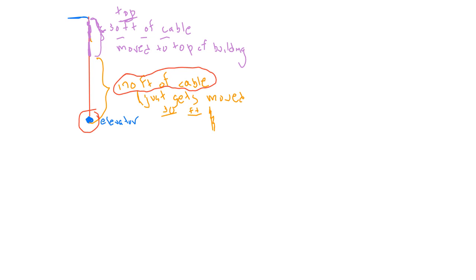Okay, so the work to move the elevator 30 feet would just be what? I'll call it work sub 3 for the elevator. What's the work that's going to be needed to move the elevator? It's something times something. Well, the elevator moves 30 feet.